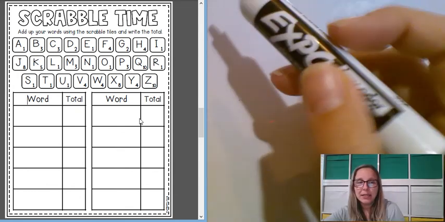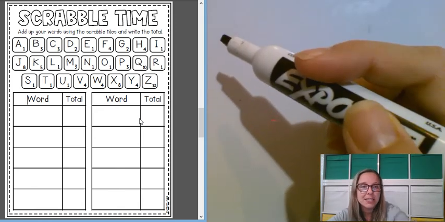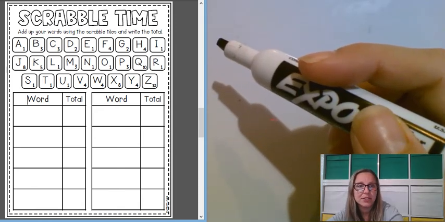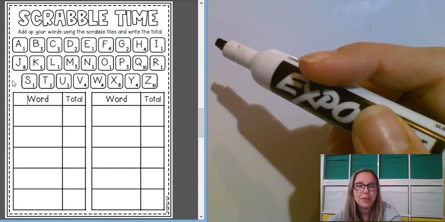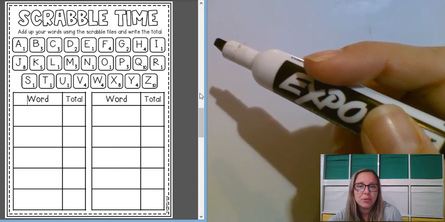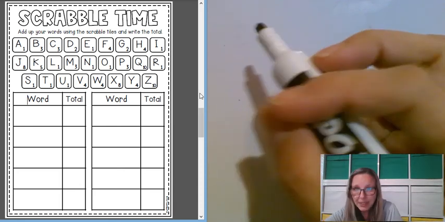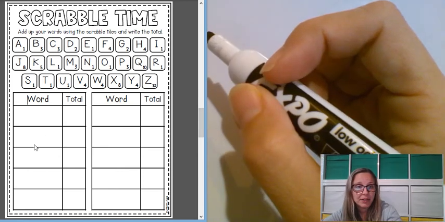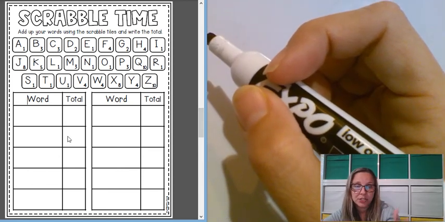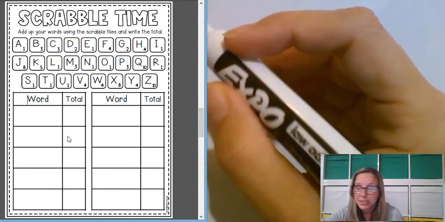So on the worksheet, first at the top, you can see all of the letters in the alphabet from A to Z, and they all have different number amounts or numeric values. And then here there are two charts. You're going to choose 10 of your words from this week.